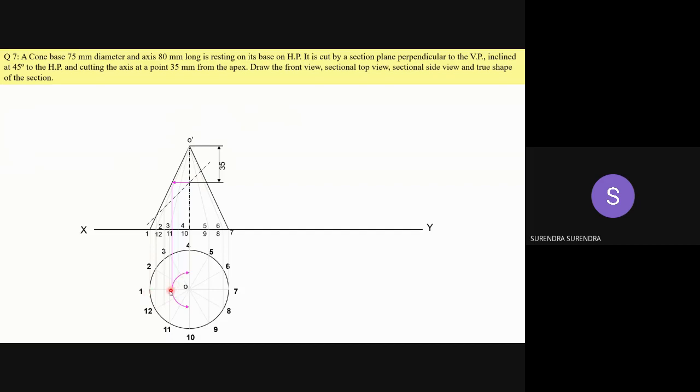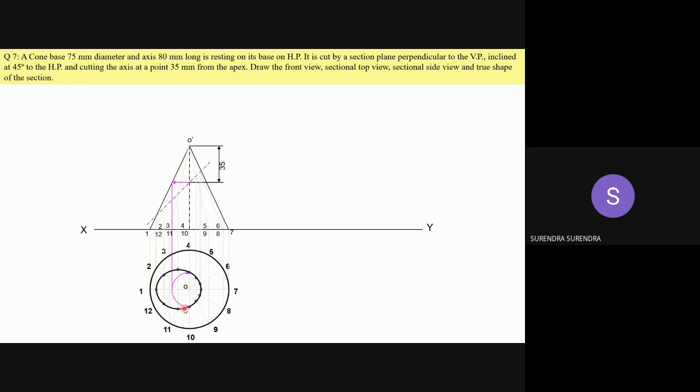Next, with O as center and this distance as radius, draw arcs on 10' and 4'. The remaining points you can directly project. Now, mark all these points and draw a smooth curve passing through them. Don't forget to give numbers or letters for these intersection points.